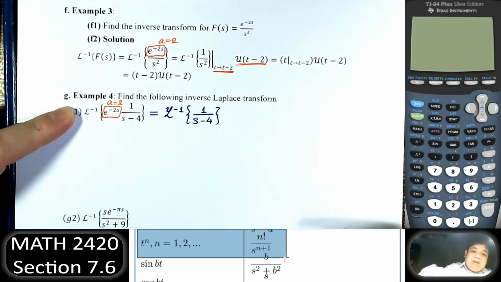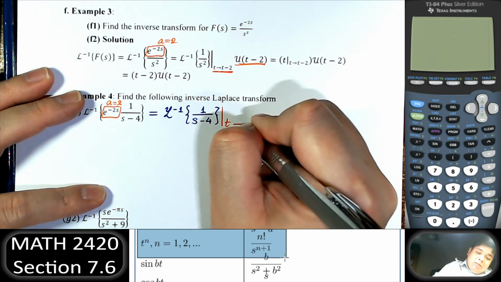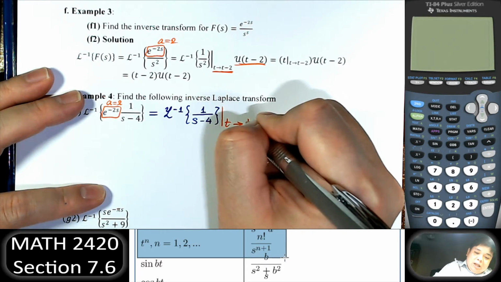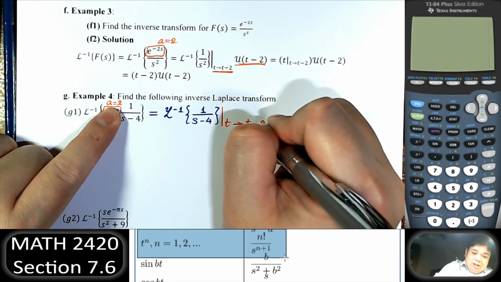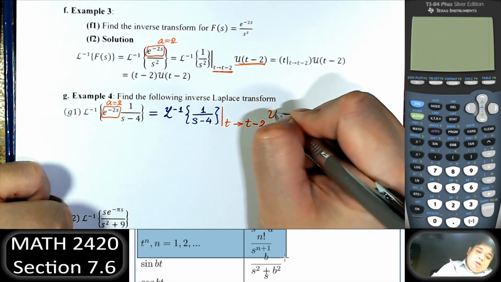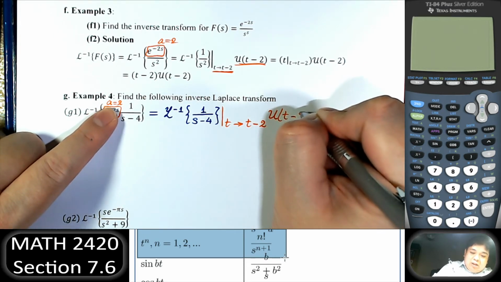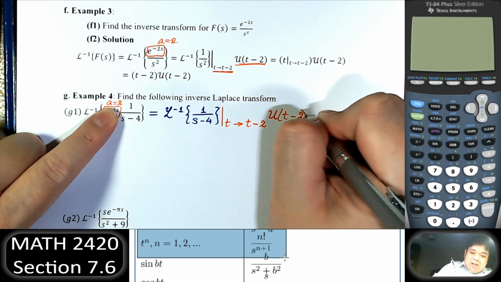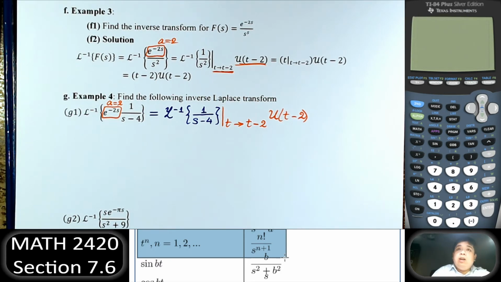But once we have the result, have to replace t by t minus that number. That's the first thing to do. Second, we need to multiply by u of t minus that number. So just like that.